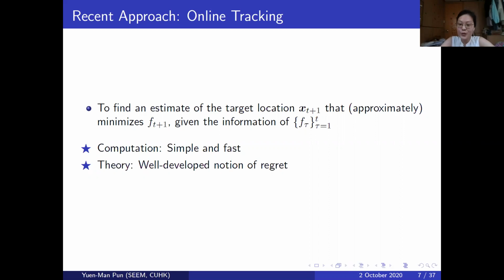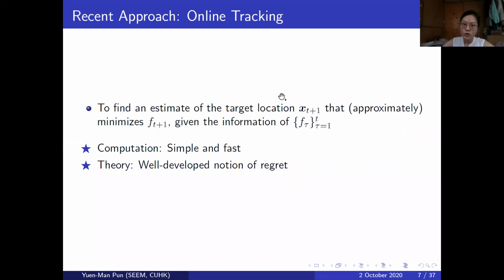So we have to use the previous information to approximately minimize f_t. In our case, say we want to estimate the target location at time t plus 1, but we don't know f_{t+1}. Then we have to use the information we got previously, say f_1 up to f_t.